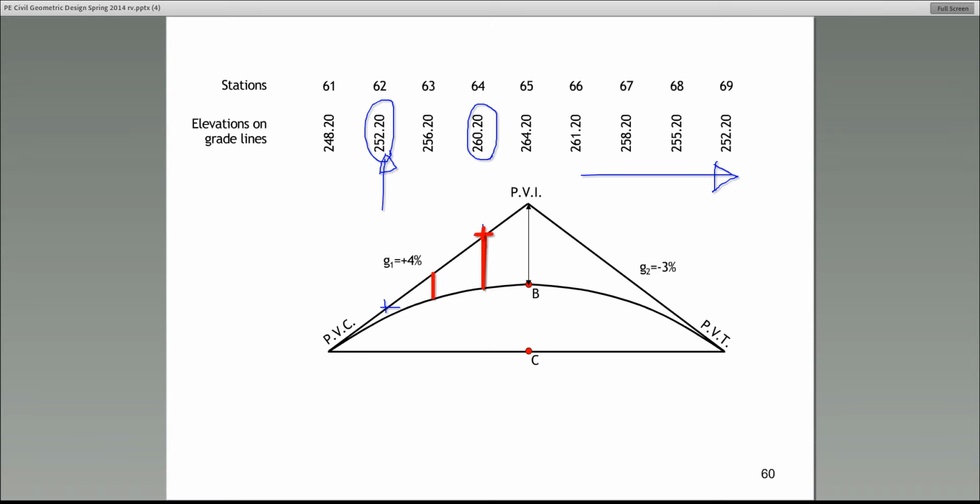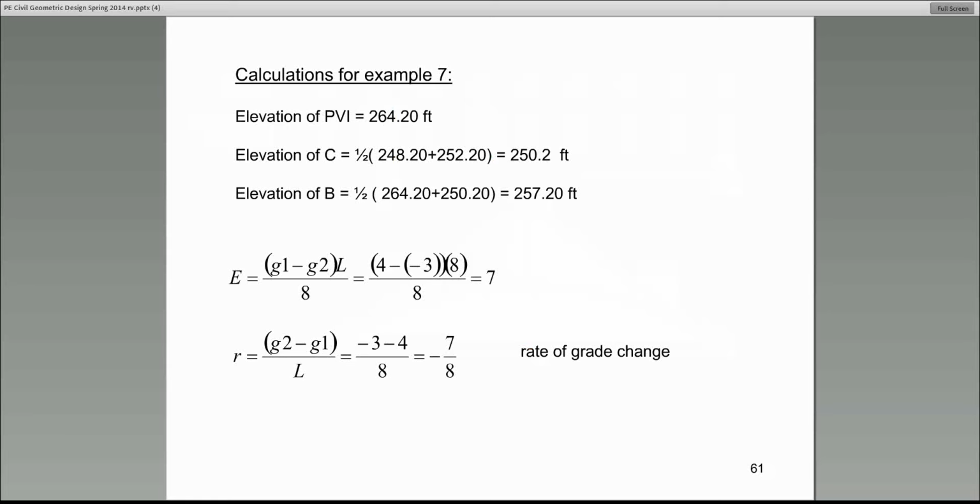What we are really interested in is the elevation on the curve itself. If we can calculate the distance between the tangent line at any given station and the curve at that same point, that offset, then we can find the elevation on the curve. That is what we are after. Let's move on to the next slide.